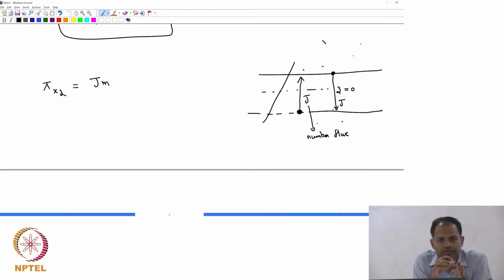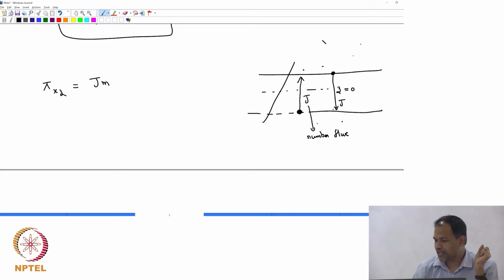And do you know how often the collisions happen? You have heard about mean free path, right? What is mean free path? I assume that all of you know. The mean free path is essentially the average distance between two consecutive collisions.